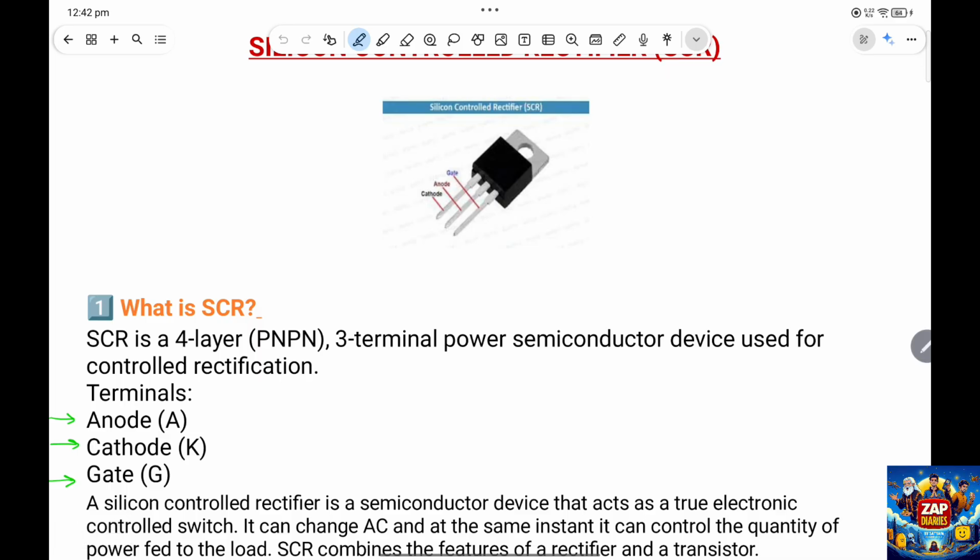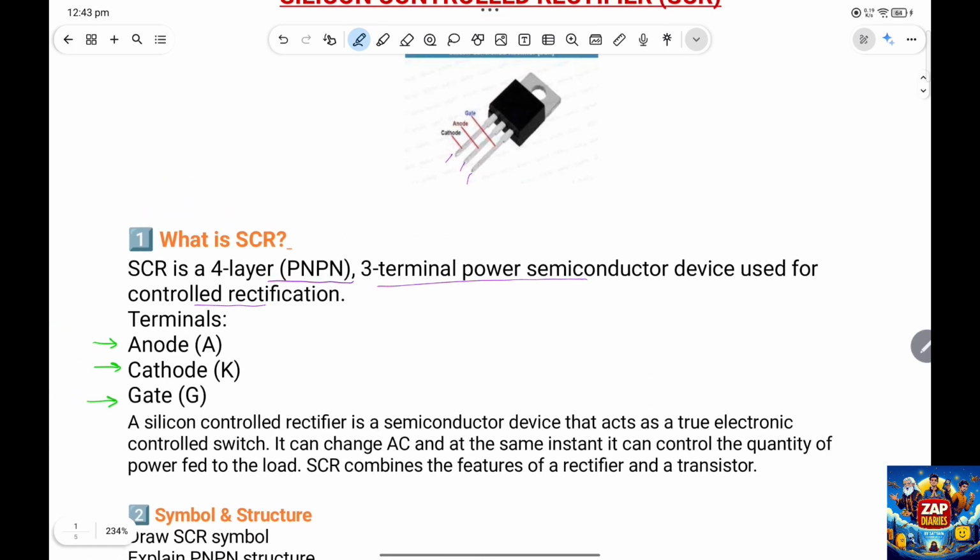It has basically 3 terminals, it's a semiconductor device, and it has 4 layers. You can see it's a PNPN 4-layer 3-terminal power semiconductor, and it is basically used for controlled rectification. It has 3 terminals: the anode, cathode, and gate.